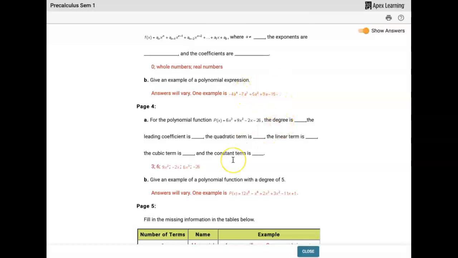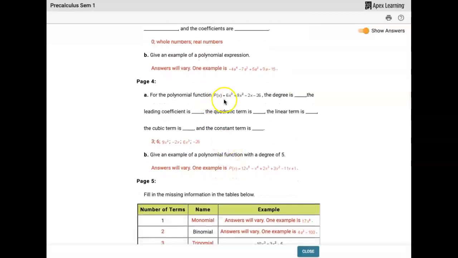All right, now for the polynomial function, p of x equals 6x cubed plus 9x squared minus 2x minus 26. The degree is 3, right? Because it's the highest degree there. The leading coefficient is a 6, all right?